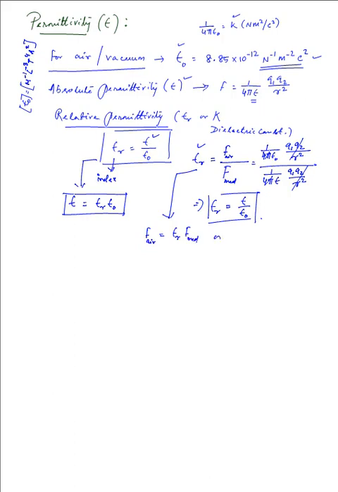Or conversely, the force in a given medium for the same distance of separation between the two charges will be equal to the force in air, instead of air I can write F naught as well, divided by the relative permittivity of the medium.